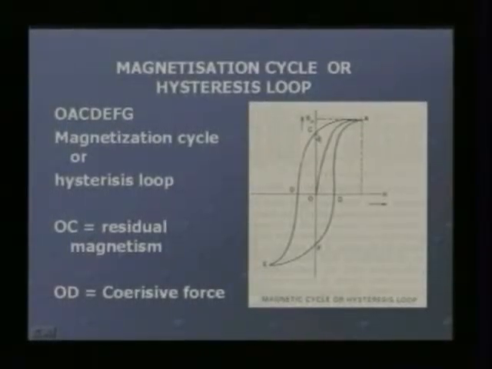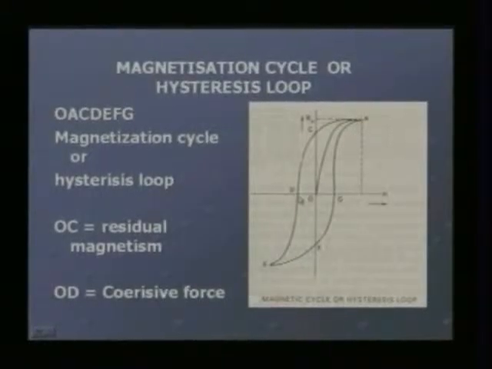When field strength H is reversed by reversing the current direction, that is in the negative field strength axis, the value of B is 0, that is on the x axis, for a magnetizing force that is equal to OD.